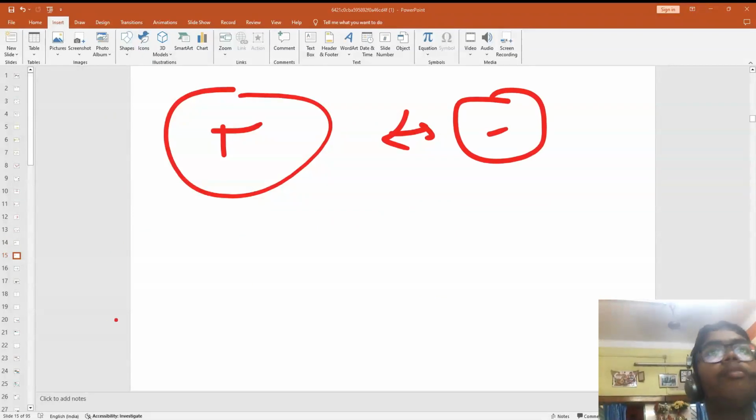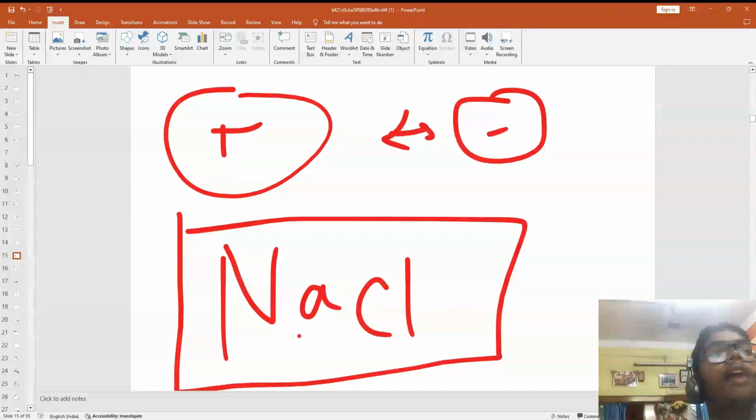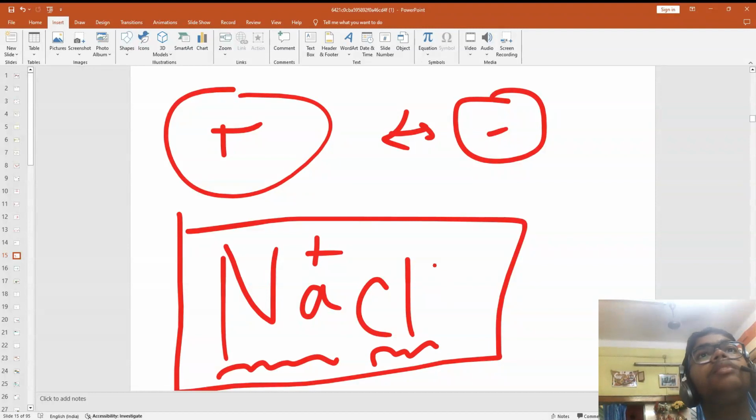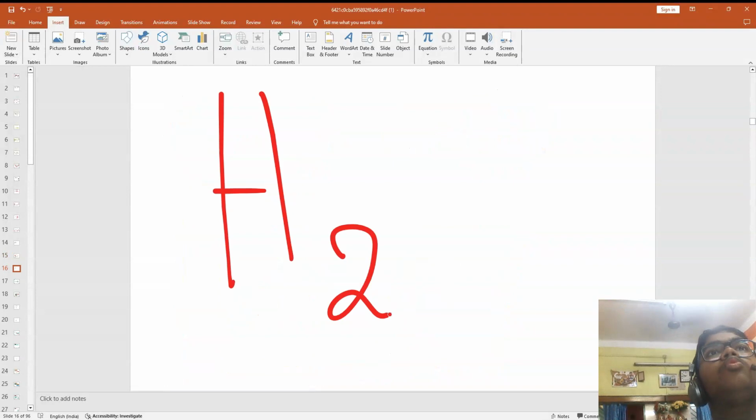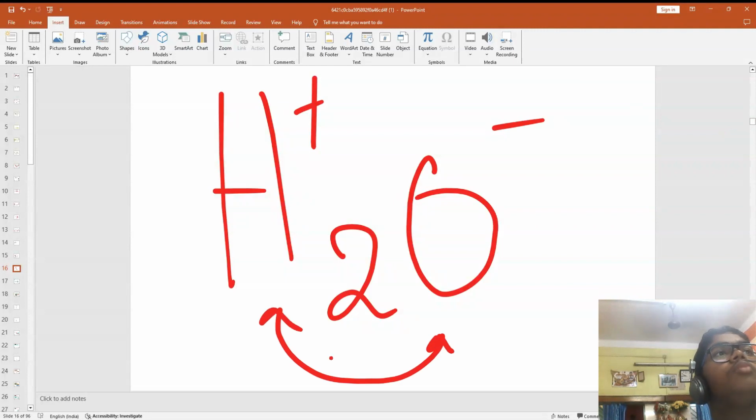And in our symbolic form, if we write NaCl, in this compound name, the first element, that is sodium, is positive and chlorine is negative all the time. If you write H2O, this first one is the positive one, this second one is negative. That's why this positive and negative have joined together.